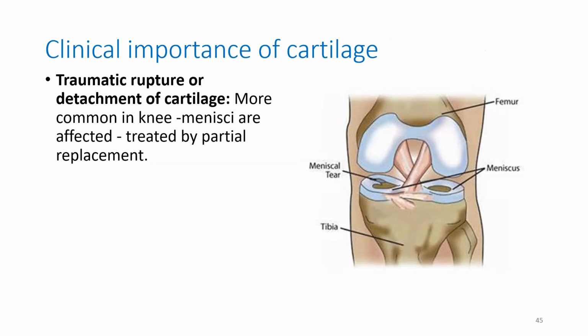In this picture, you are seeing the rupture of the menisci in relation with knee joint, which we call as the meniscal tears. So the traumatic rupture or detachment of the cartilage is the other clinical importance of the cartilage, which is more common in the knee, and the treatment is by partial replacement.